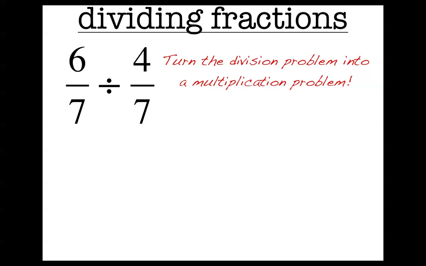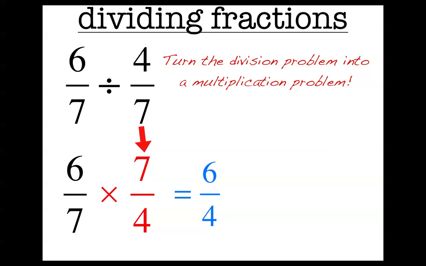Here's another example just to make sure we got the idea. If you have 6/7 divided by 4/7, okay, we're going to turn that division problem into a multiplication problem. How? Keep the 6/7 the same, but we're going to multiply it by the reciprocal of 4/7, which is 7/4. Then we're going to do top times top, bottom times bottom.